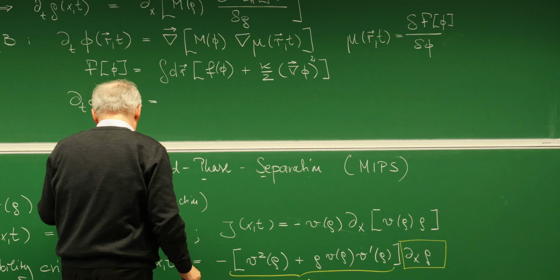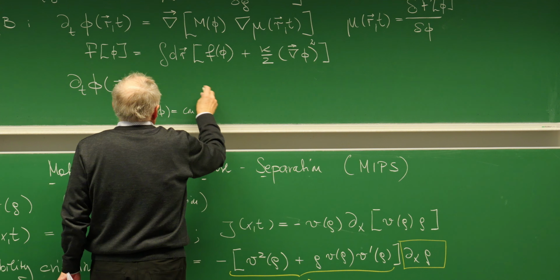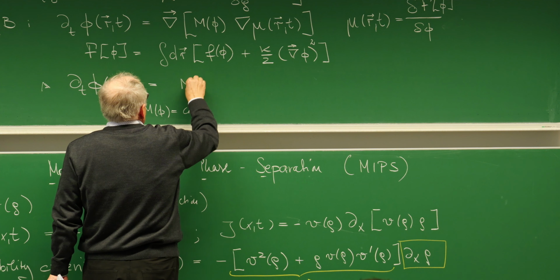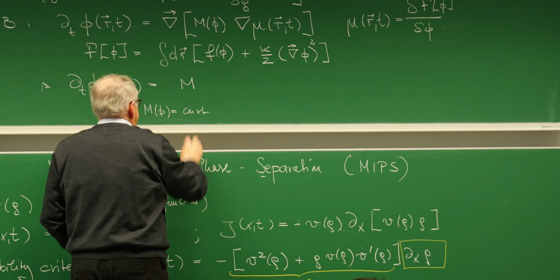This is then, let's say, for simplicity, our m of phi is a constant. Then for that case, it has the structure m times nabla squared of f prime of phi minus kappa nabla squared phi.